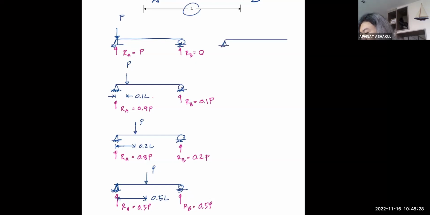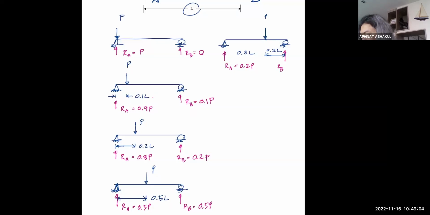Okay. So now P moves past midspan. Let's say I reach this point, where the distance to the support B is now 0.2 L. That means this is 0.8 L, right? Now RA will be reduced to just 0.2 P, right?